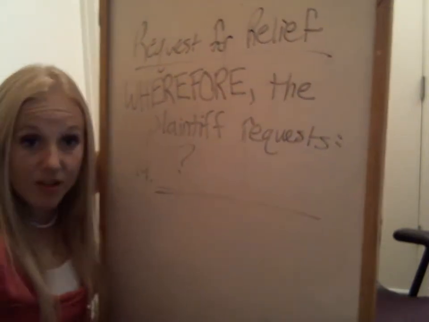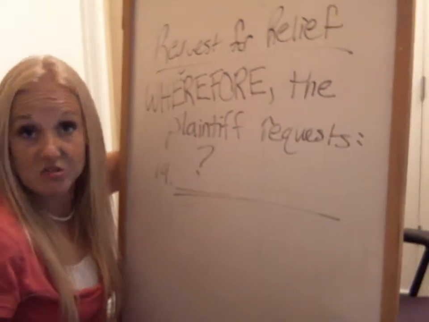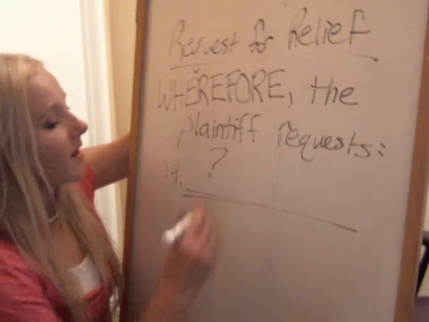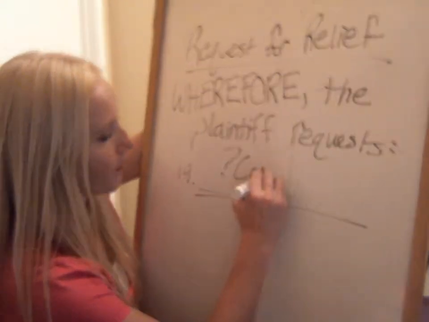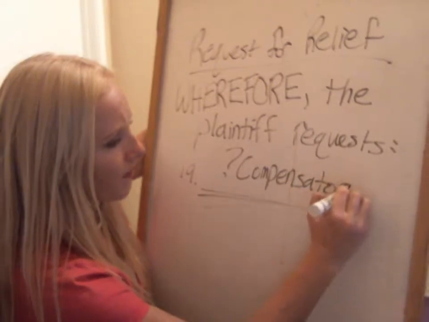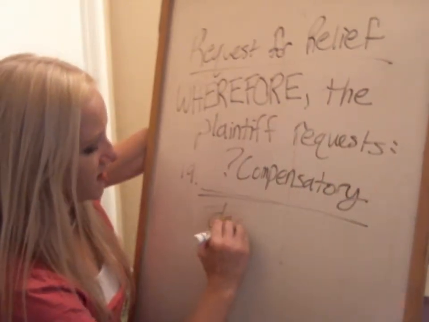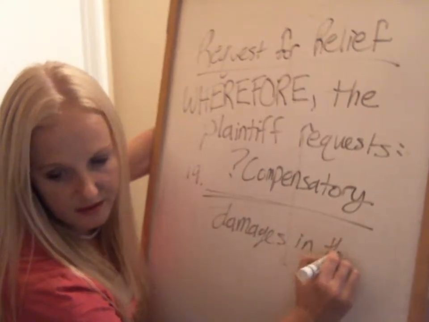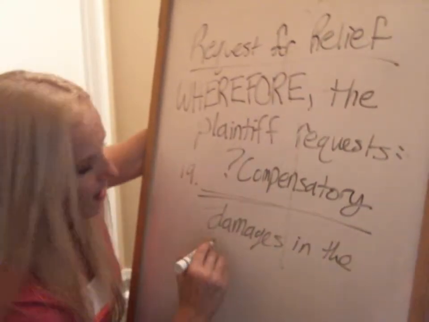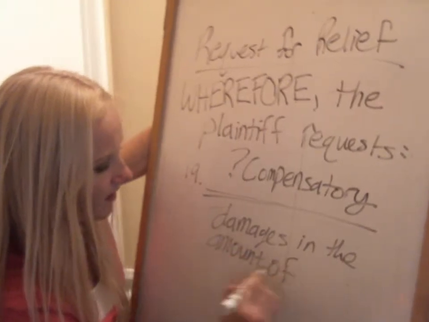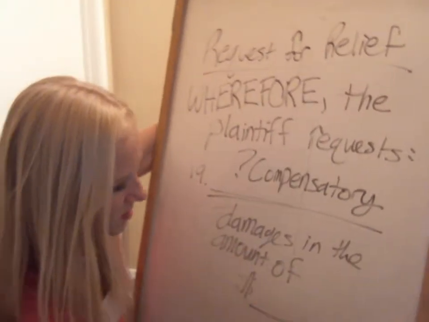I made the example of $100,000 in class. You can use that. You can make up your own. How much, these are compensatory damages in the amount of, and then put your amount.